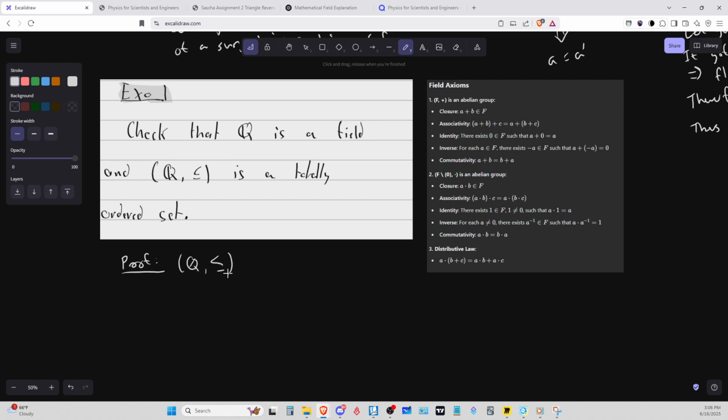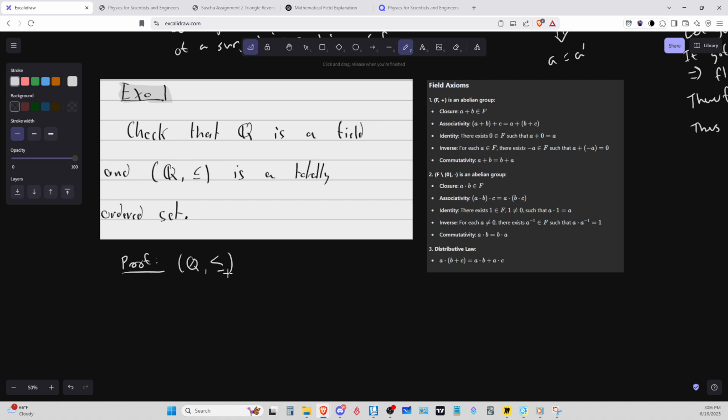We have to prove closure, that basically the set is closed, so we're going to have to prove every one of these.